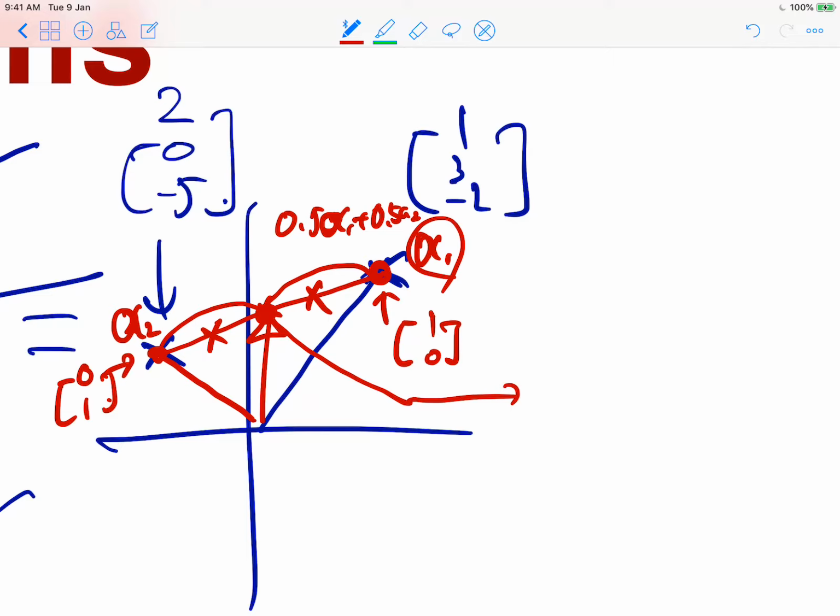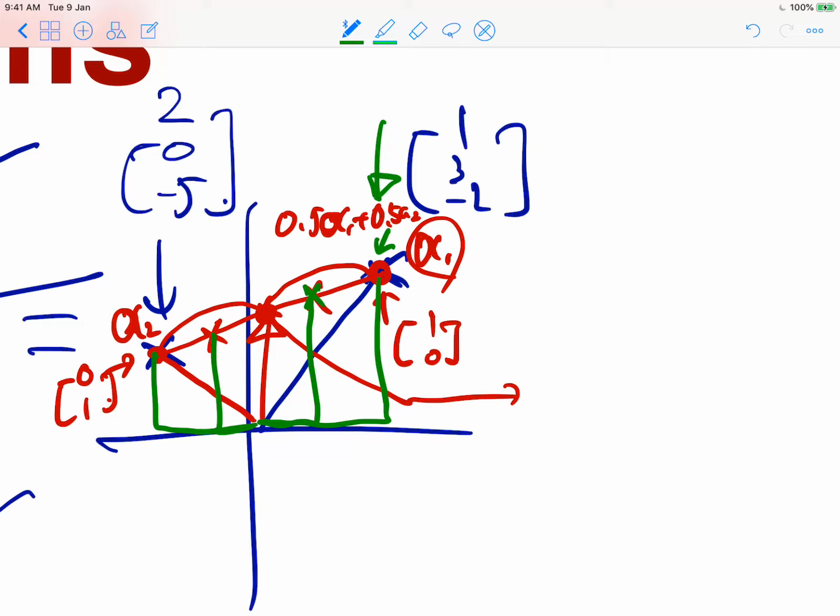When will this L1 norm of the resulting vector be maximum? Okay, so for this vector, what is the L1 norm? It is the sum of these two line segments, and for this guy, it will be like this, and maybe like this, or like this, right? And then which one will have the maximum L1 norm?